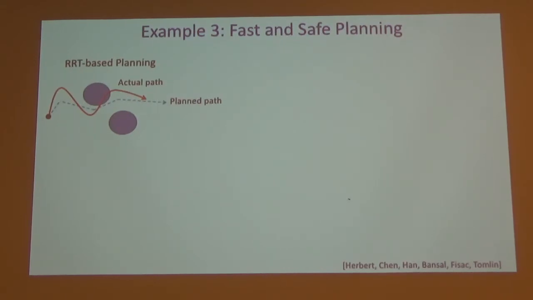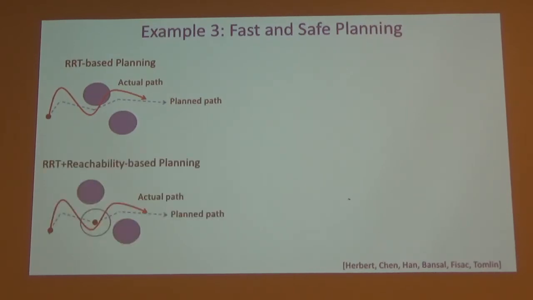The robustness here corresponds to disturbances, like wind for aerial vehicles, or noisy actuators for robotic arms, for example. What we can do though is use reachability-based tools to plan a robustness bubble around this RRT planner, which makes sure that we can robustly track the path planned by RRT.